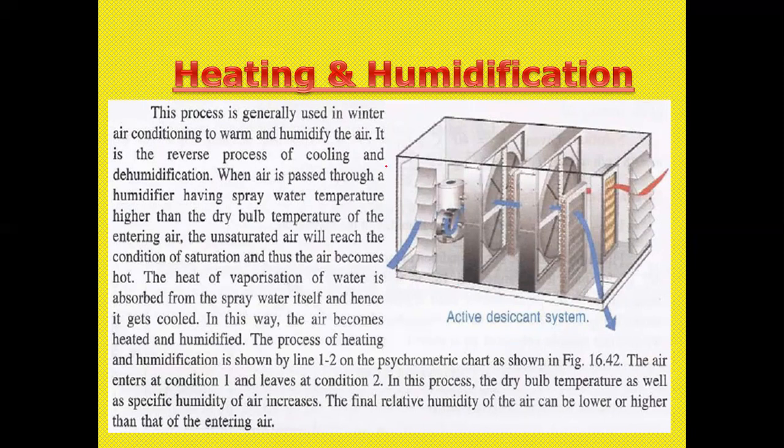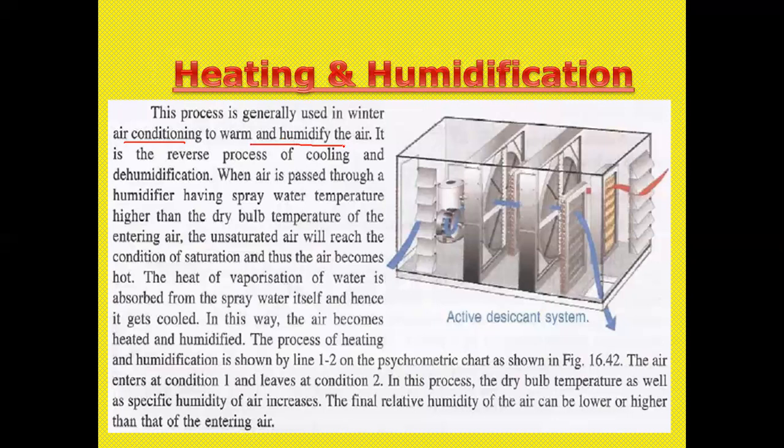The process is generally used in winter air conditioning. So where do we use heating and humidification? This process is generally used in winter air conditioning to warm and humidify the air. For example, this type of system is generally seen in other countries like Canada, New Zealand, Germany, European countries.